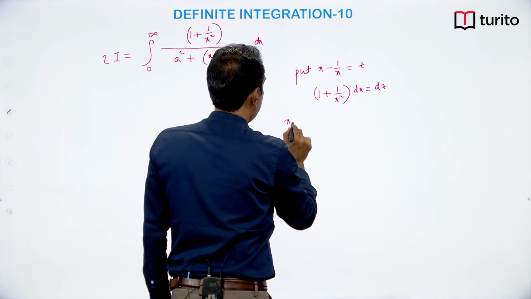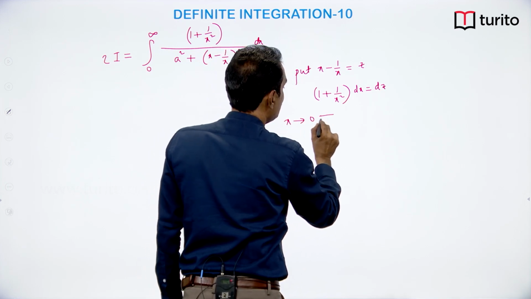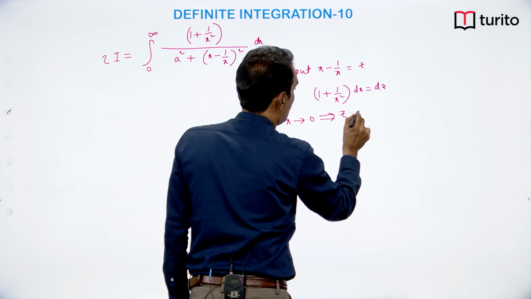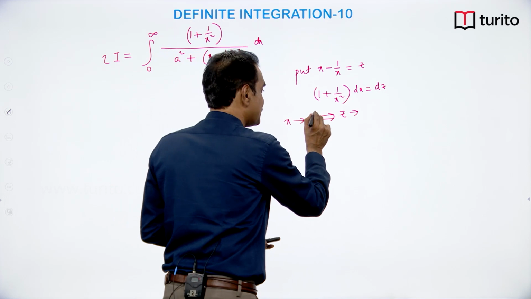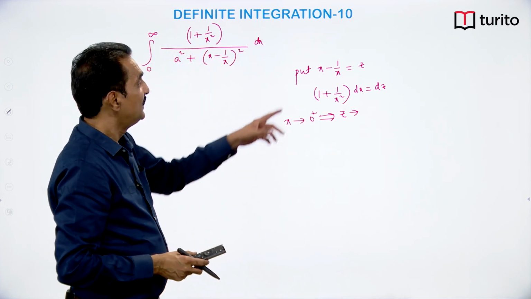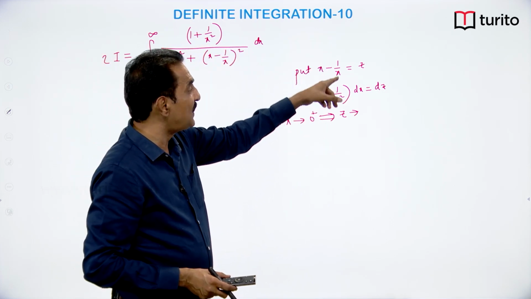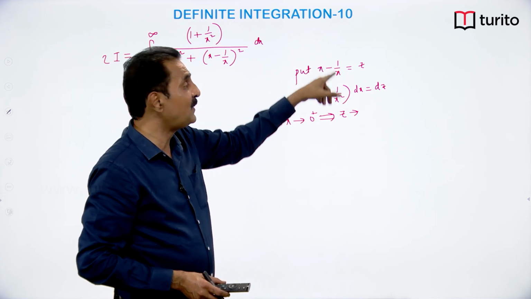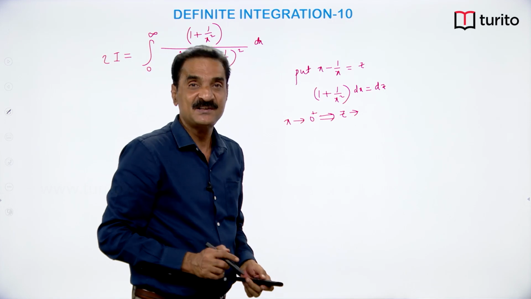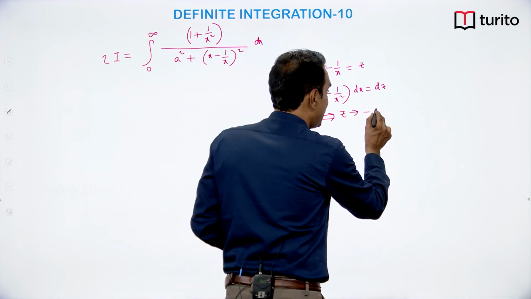Next, if x tends to 0, then z tends to what? X tends to 0 means 0 plus. 0 minus 1 by 0 plus, 1 by 0 plus is infinity. 0 minus 1 by 0 plus will be minus infinity. So z tends to minus infinity.